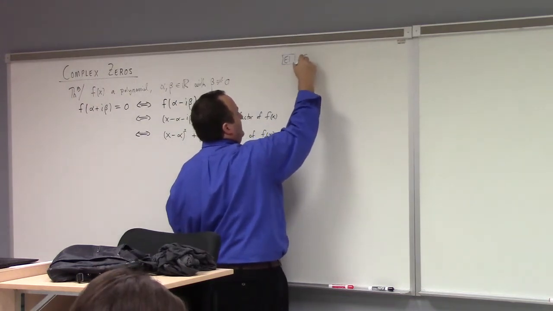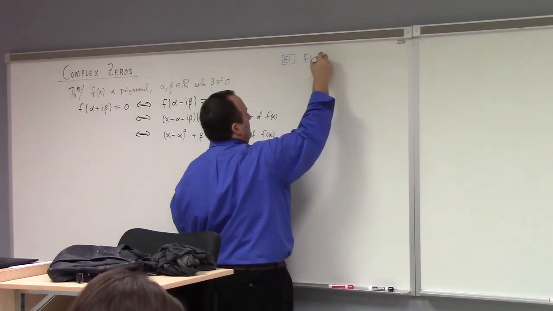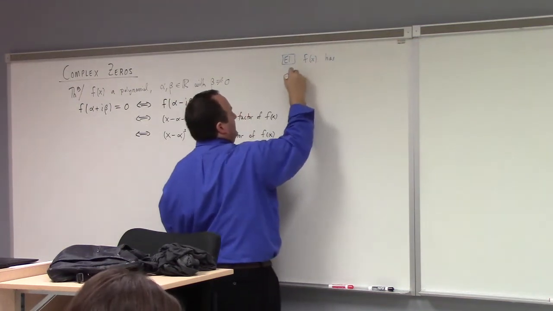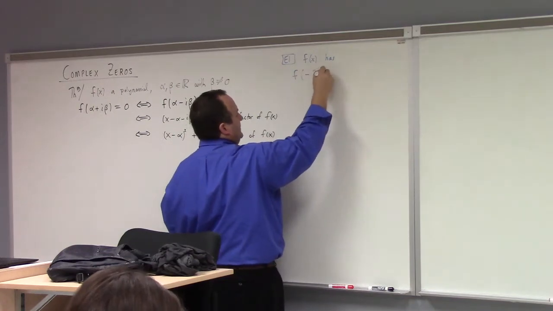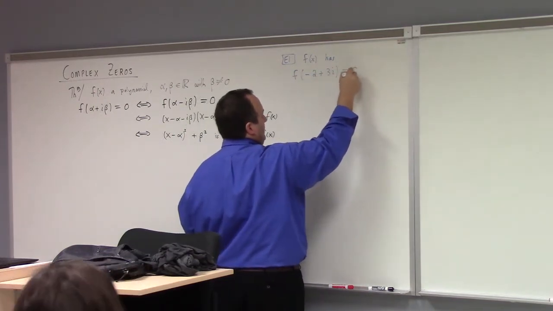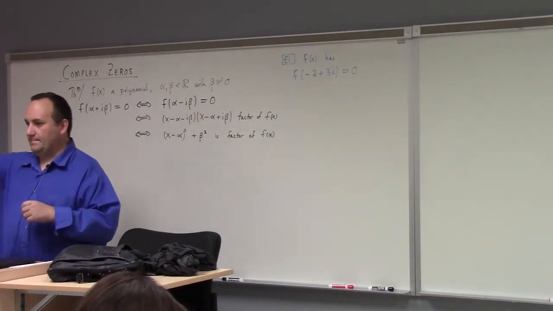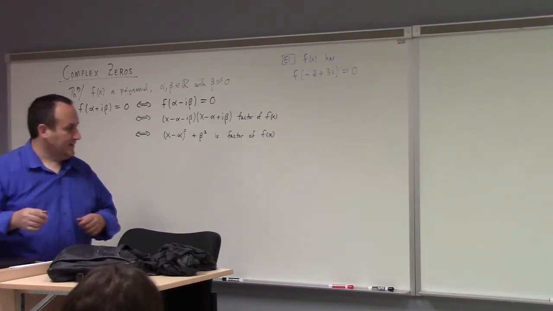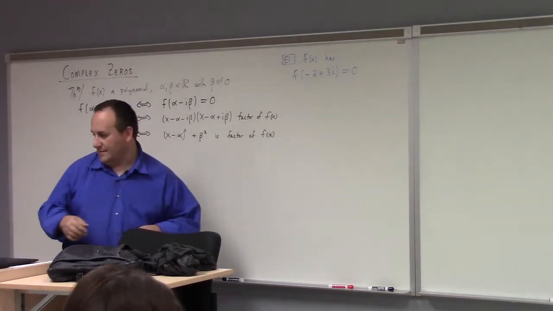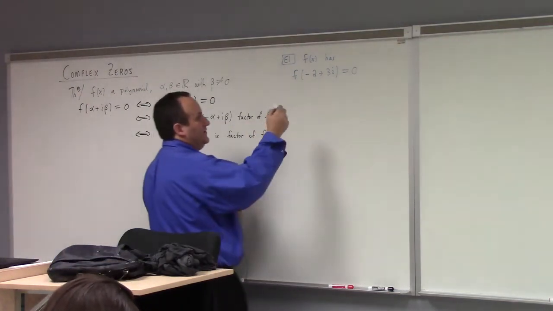If I know that f(x) has f of, let's say, -2 + 3i equal to 0. Yeah? Man, I'm just consistently off today. I'll get it eventually.